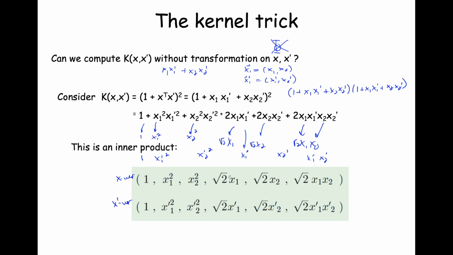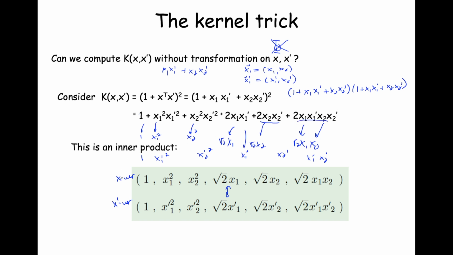Then radical 2 x1, radical 2 x1 prime. You multiply radical 2 times radical 2 and get 2 x1, x1 prime. Same thing here, radical 2 times radical 2 is 2 x2, x2 prime. And then we have radical 2 here, that's 2 times x1, x1 prime, x2, x2 prime. And that's the last term.